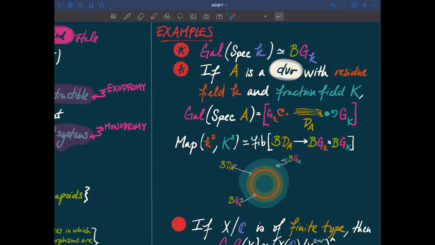There's no base point issues anymore. So you have this canonical map from here into here. And this is really playing the role of the link in the stratified space. This is playing the role of the connective tissue that takes you from the closed stratum to the open stratum.